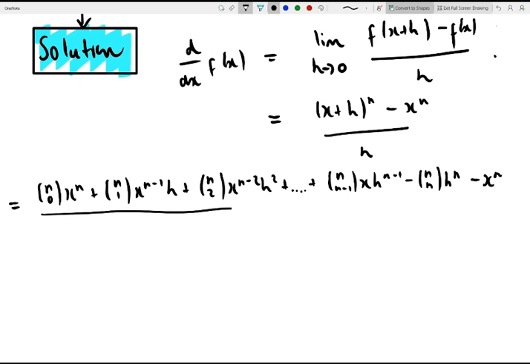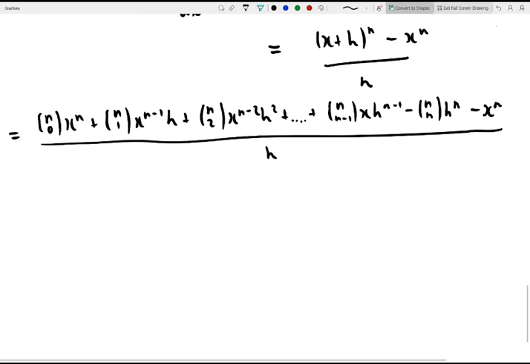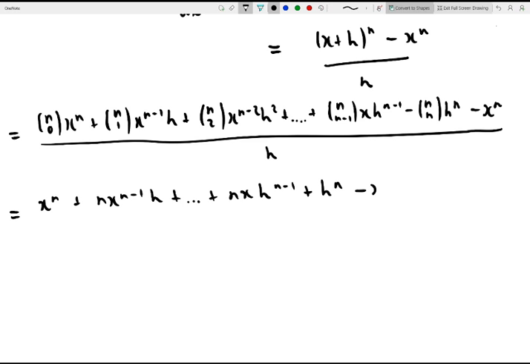That's all divided by h. Then simplifying the binomial coefficients, we have x to the n plus n x to the n minus 1 h plus everything in the middle plus n x h to the n minus 1 plus h to the n minus x to the n, all still divided by h.